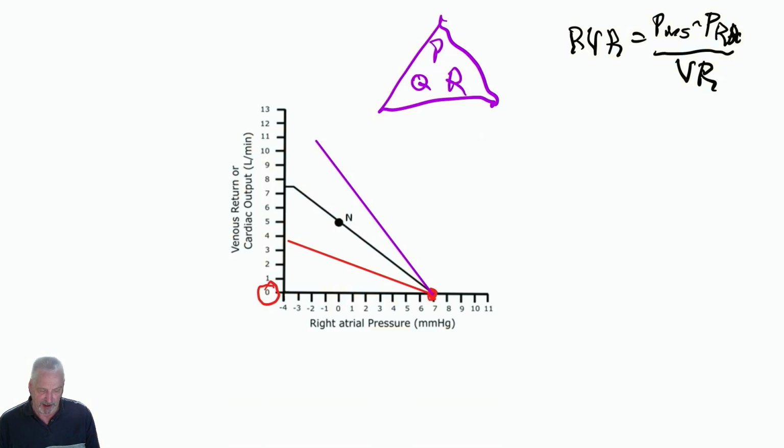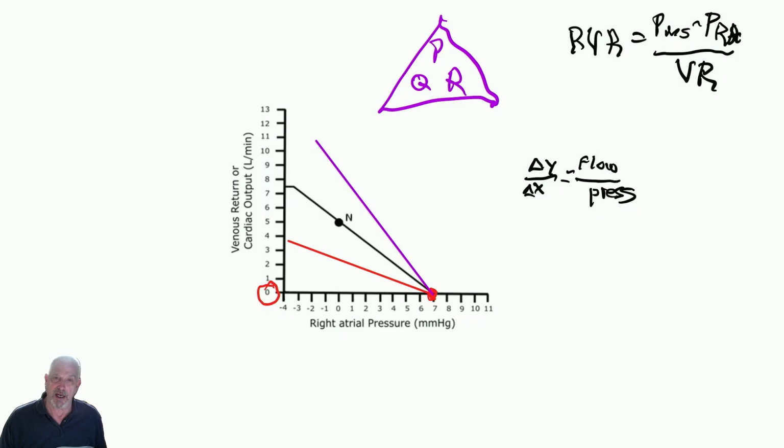Remember, it's delta y over delta x when you look at the slope of a line. And so y is a flow and x is a pressure here. So what we see is not pressure over flow, it's flow over pressure. So the slopes of these lines are conductances.